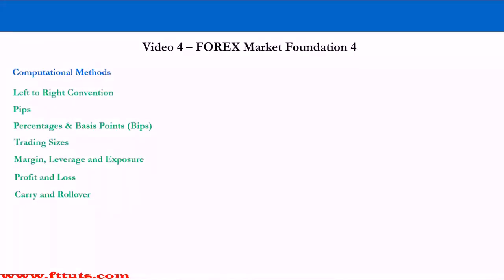Okay, so welcome back to the computer screen. What we're going to look at now is some basic computational methods in the Forex market, and we're doing this to continue to build out our foundation. It's absolutely necessary that we understand all of these computational methods, because in the bigger picture, as traders, what we're trying to understand in any market is what the opportunities are and what the risk is.